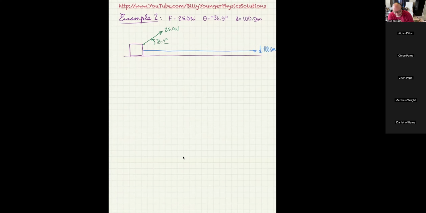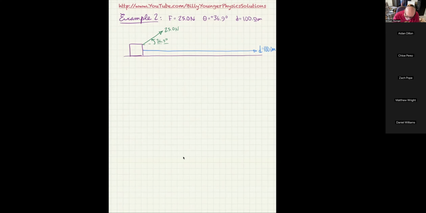So hopefully by now you realize whenever someone says a 37 degree or a 36.9 degree angle that they're talking about the 3-4-5 triangle. If you don't, that's okay. You can just do the math and it works out fine.